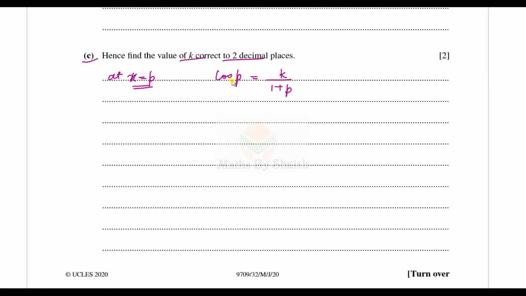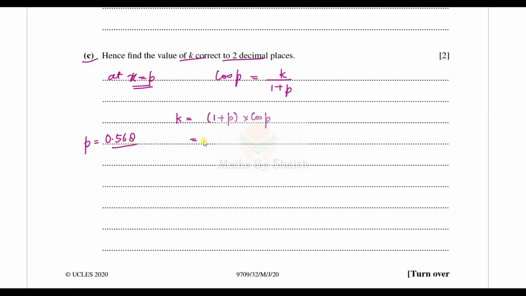Now we have the value of p, so we'll transfer 1 plus p to the other side. It is 1 plus p into cos of p, and let's use the value of p we got in the previous part, that is 0.568, and then we'll use the calculator.